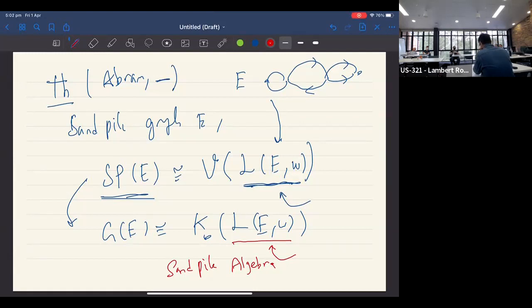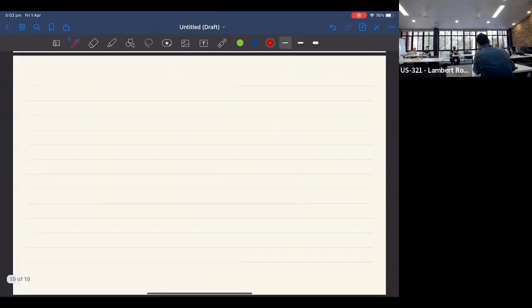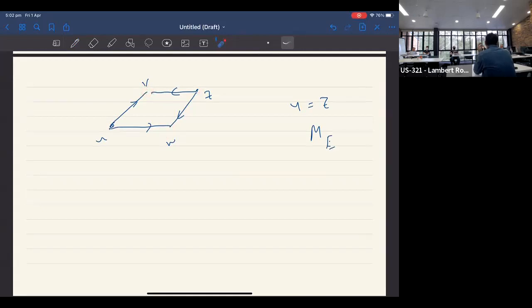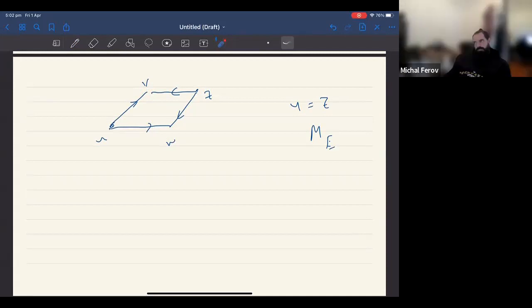Right. And is there a way to show whether two vertices are the same? Well, I don't think you can immediately say that. So, for example, U, V, W, and Z. U is the same as Z in that monoid, right? Because U is this sum and Z is also this sum. But whether you can immediately see that from the monoid, I don't think you can.